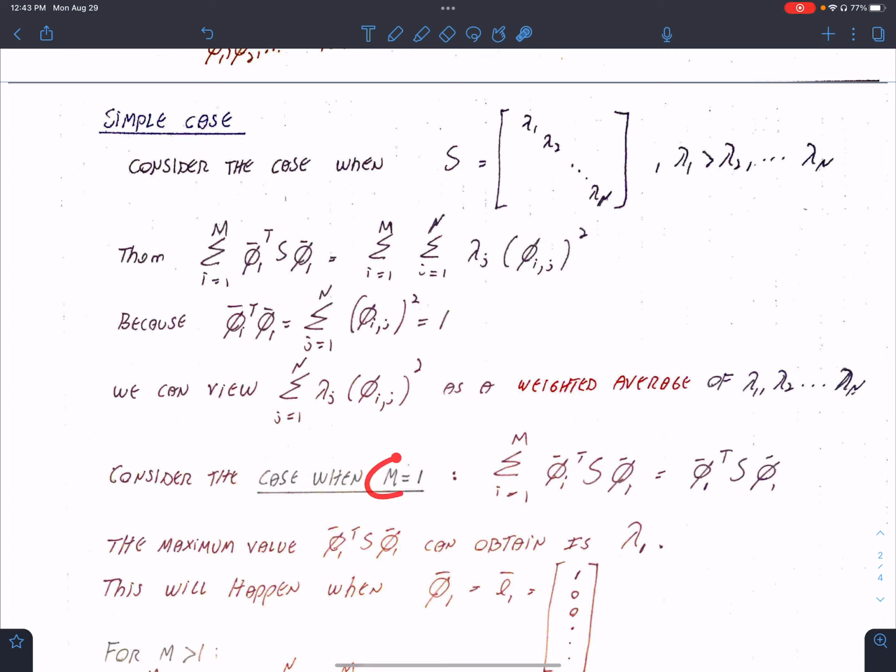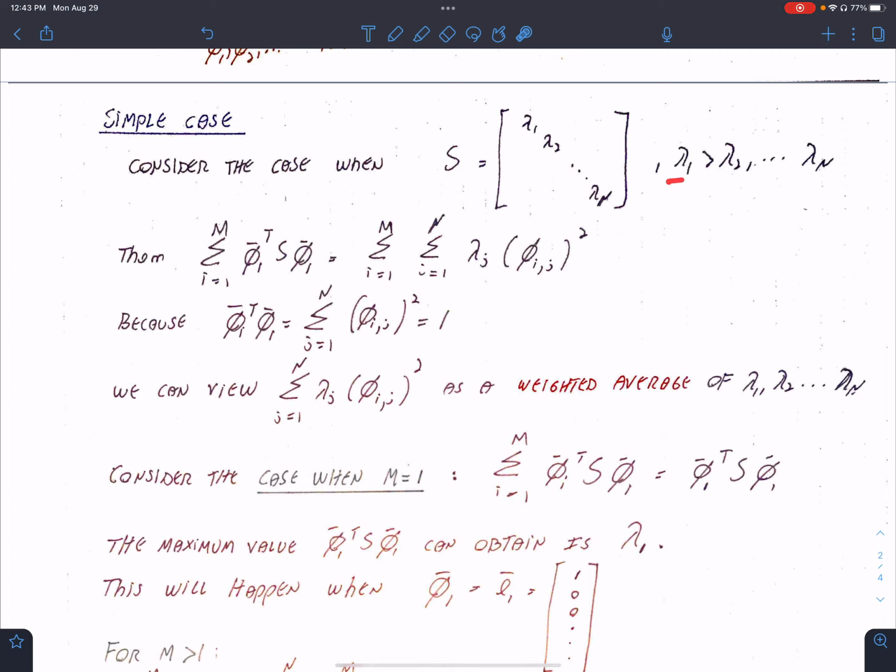For the case of m equals 1, the largest value that this can take is when it is lambda 1, because keeping other elements in the mix will only decrease it.